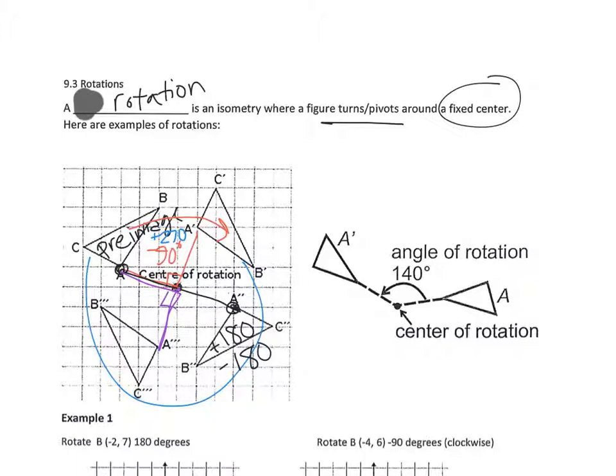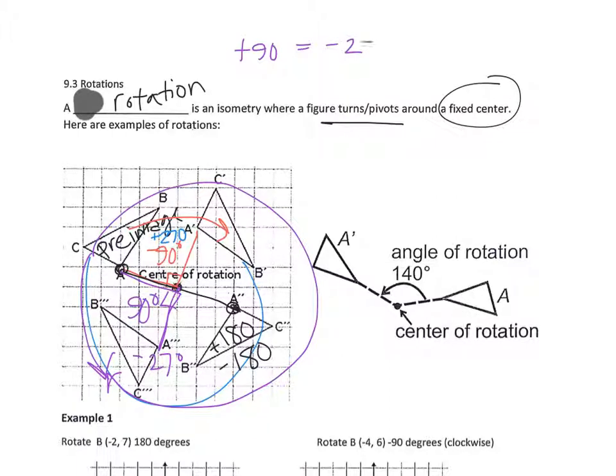So it could either be going 90 degrees this way, which is a positive 90, or it could be going 270 degrees this way, so it's negative 270 degrees. So basically, positive 90 is the same thing as negative 270. Positive 270 is the same thing as negative 90.